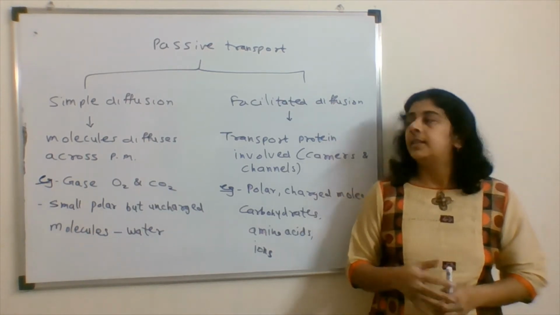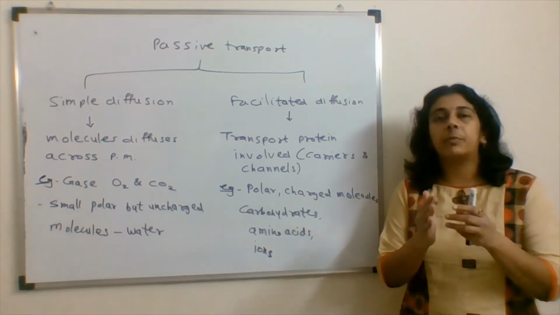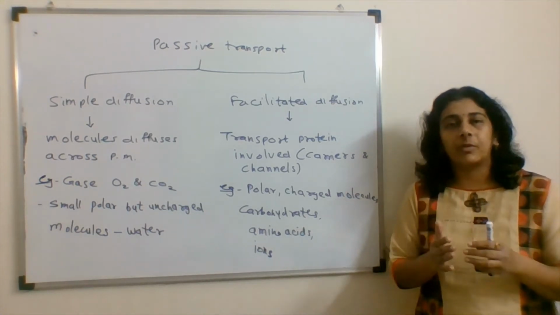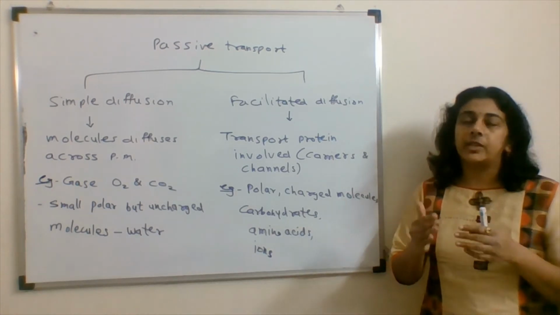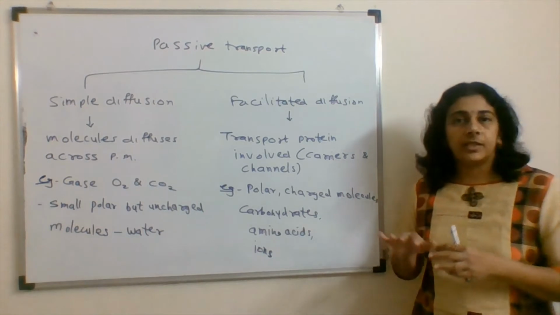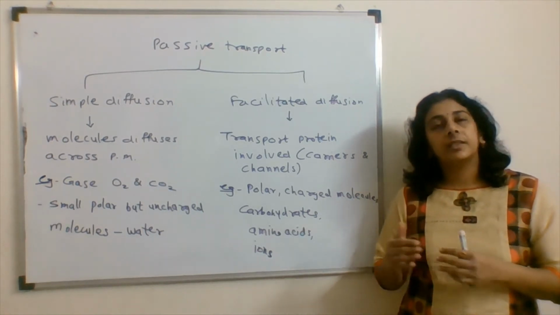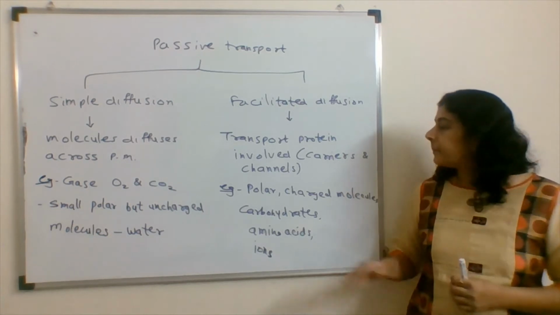Secondly, in case of facilitated diffusion, specific proteins are present, carrier proteins or channels, through which the transport is done. Here also there is no need of metabolic energy. The transport is along the concentration gradient.